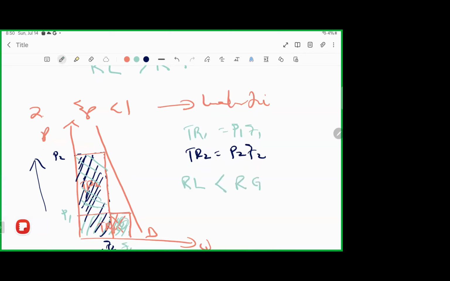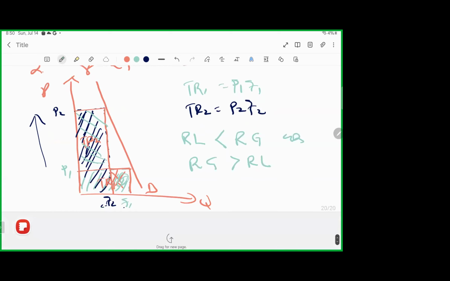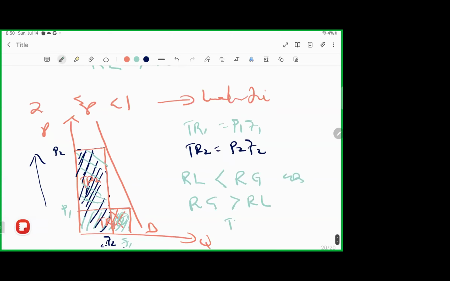Or you could just say the revenue gain is more than the revenue lost, which means the overall effect on your total revenue will be higher.